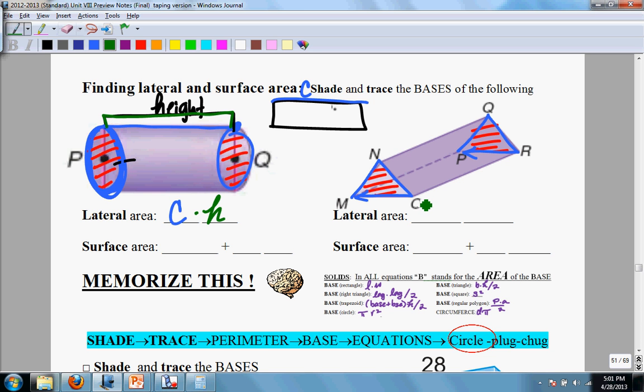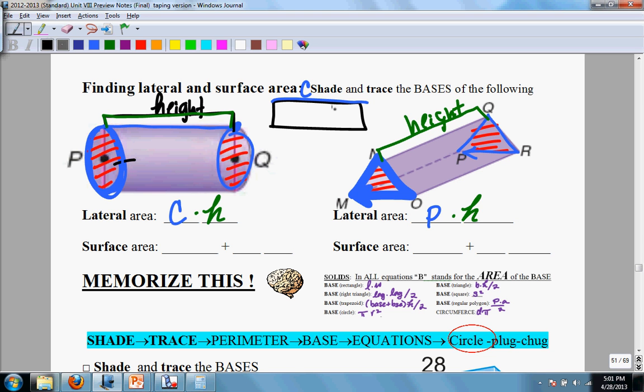In any other prism, we don't call this circumference. We just call it the perimeter of the base. So we use perimeter times height. And height is the distance between the bases. So this is going to be our height here. Lateral area of a cylinder, circumference times height. Lateral area of a prism, perimeter times height.